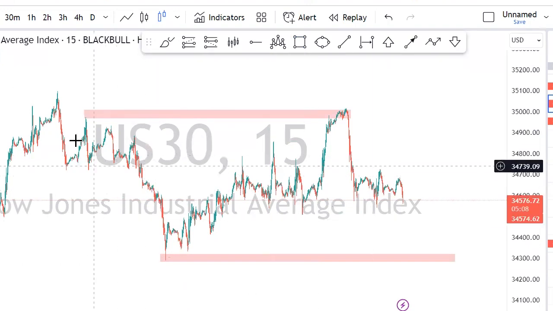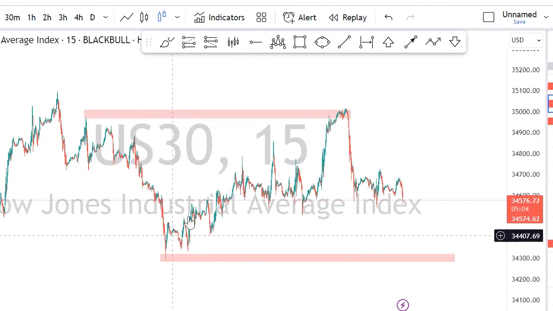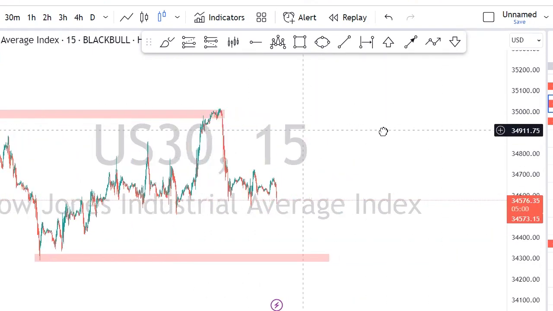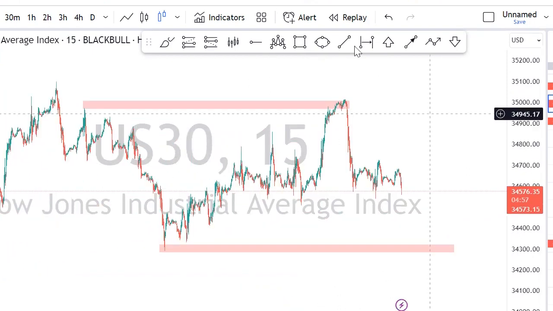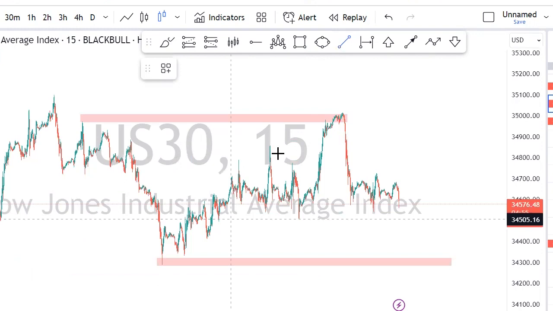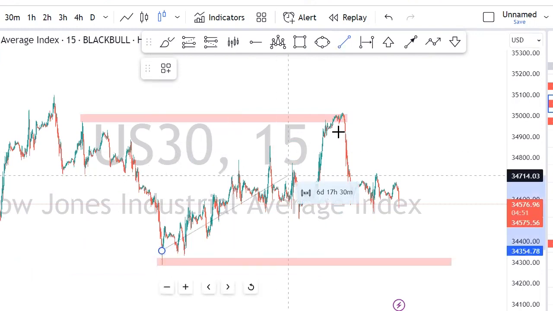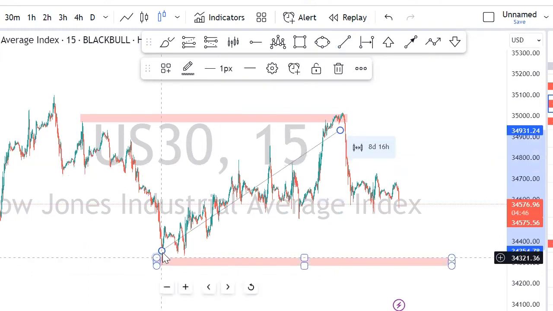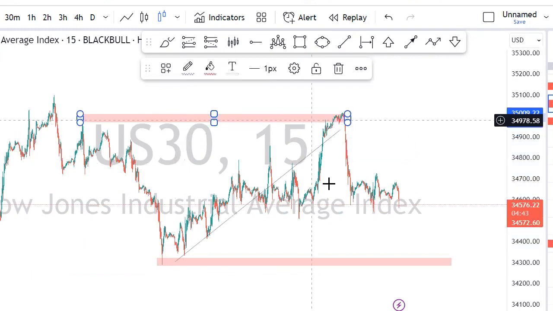So within this basically like a channel, we need to figure out the structure that we have, and I'm going to be using the trendline tool. And as you can see, this was an uptrend, basically a structure going to the upside to our resistance right here.